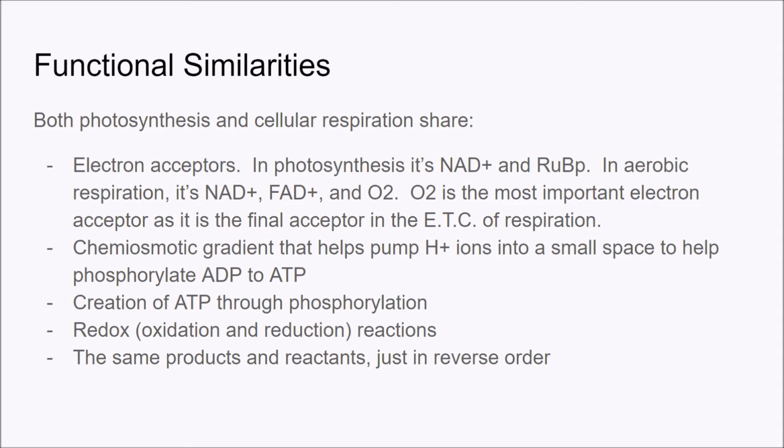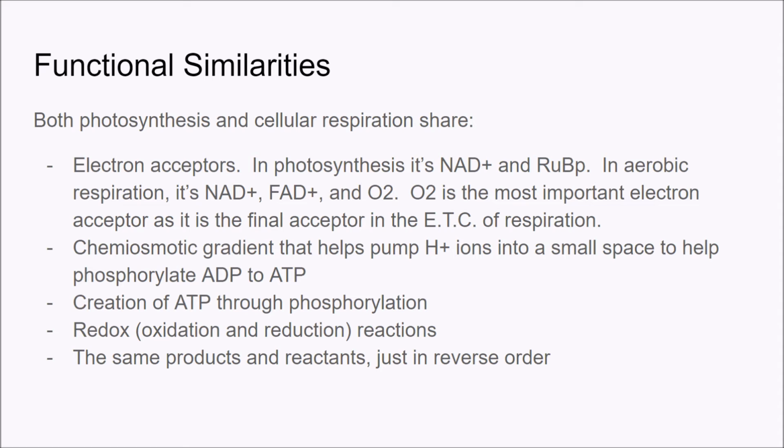Another example of a similarity is a chemiosmotic gradient. Both of them use that hydrogen ion gradient to go ahead and flow through ATP synthase to phosphorylate ADP to ATP. That phosphorylation, again, is similar between the two. That's what they both do. And then they both have redox reactions.